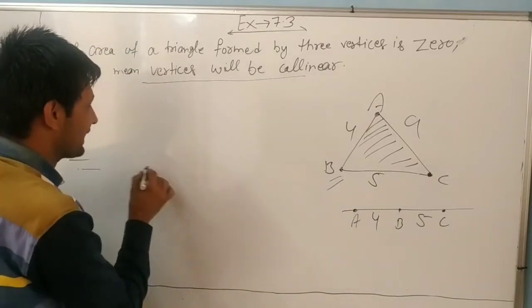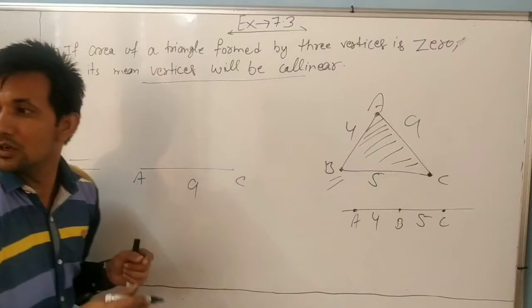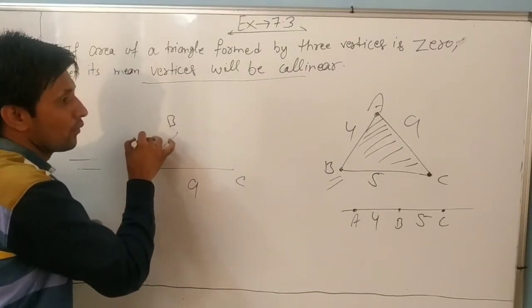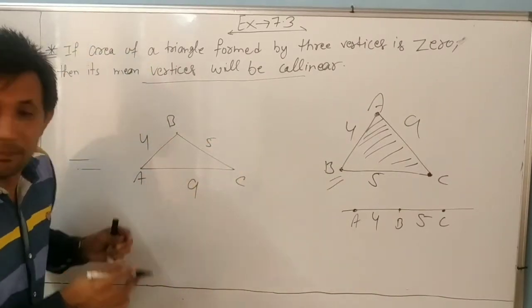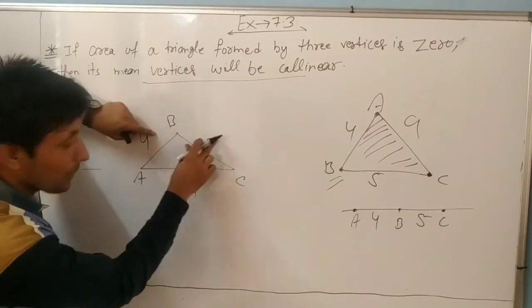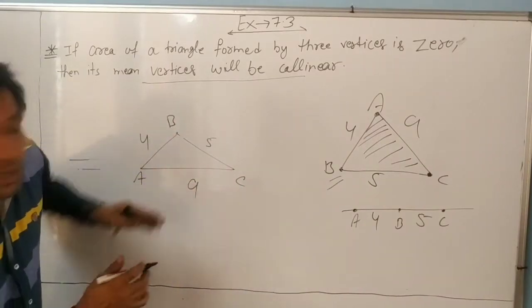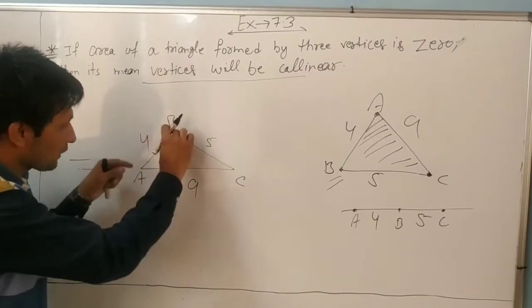Suppose we take AC as 9. AB is 4 and BC is 5. It is possible only as a line because 4 plus 5 is 9. So it means when we bend it, it covers it, because point B will come here, because 4 plus 5 is 9.